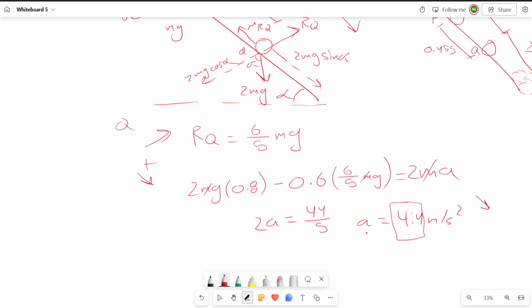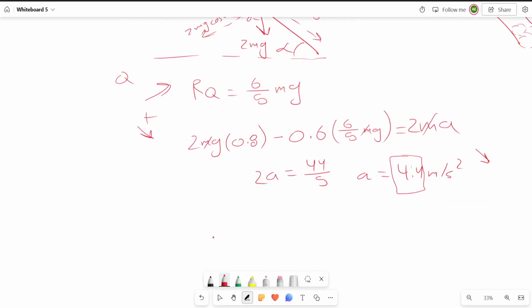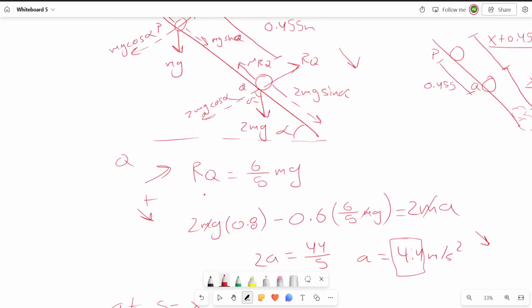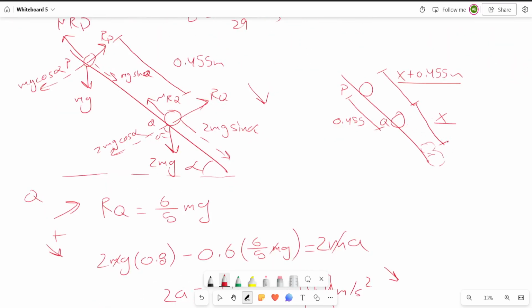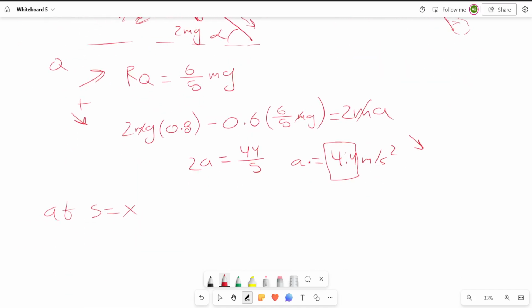Okay, so now let's construct the equation for Q at s equals x. So I know that my s, the distance that I want, is basically when Q moved a displacement of x in this direction. So let's say this direction is positive. I know that for Q, my u is 0 because it started at rest.